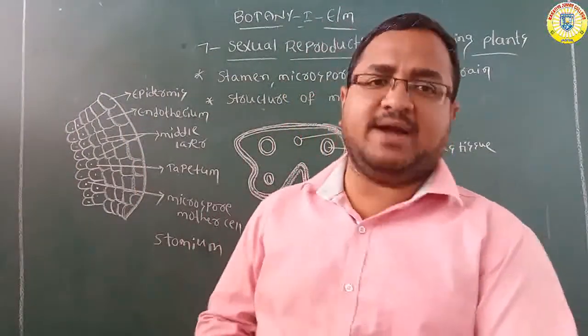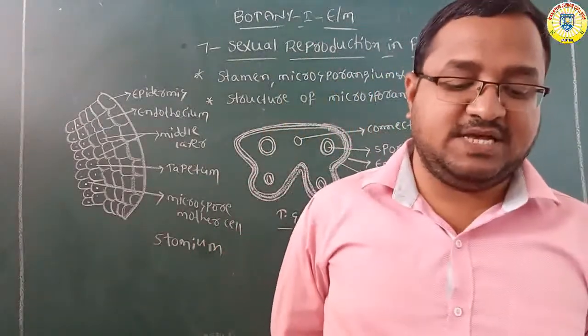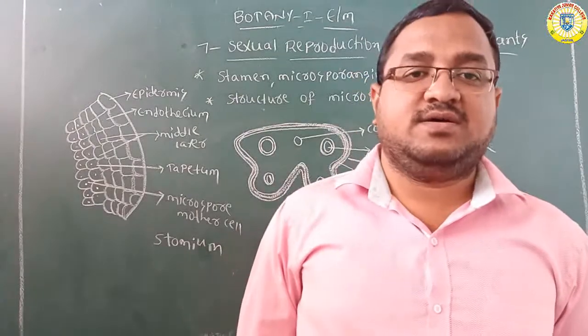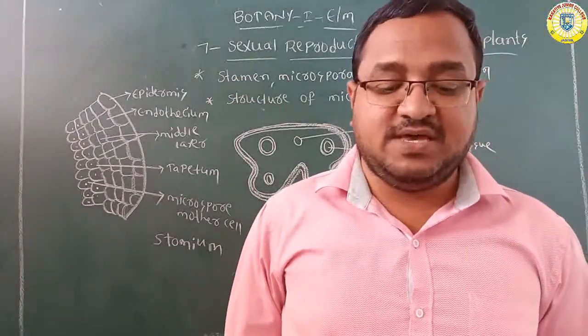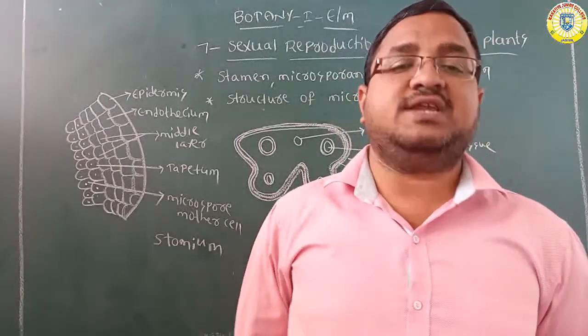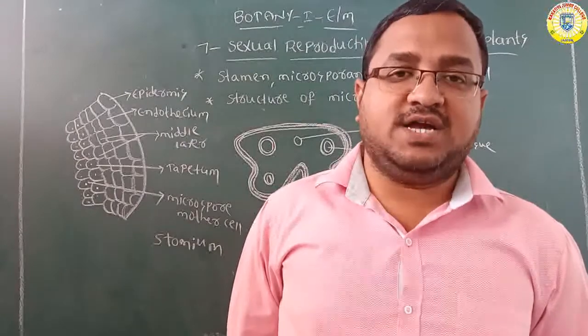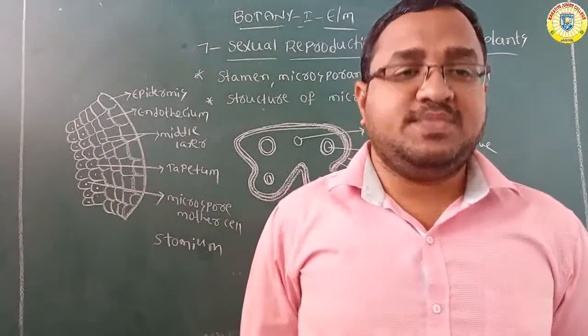One more thing you can remember: the epidermis is one cell thick. The cells present between the pollen sacs are very thin, and this region is called the stomium.